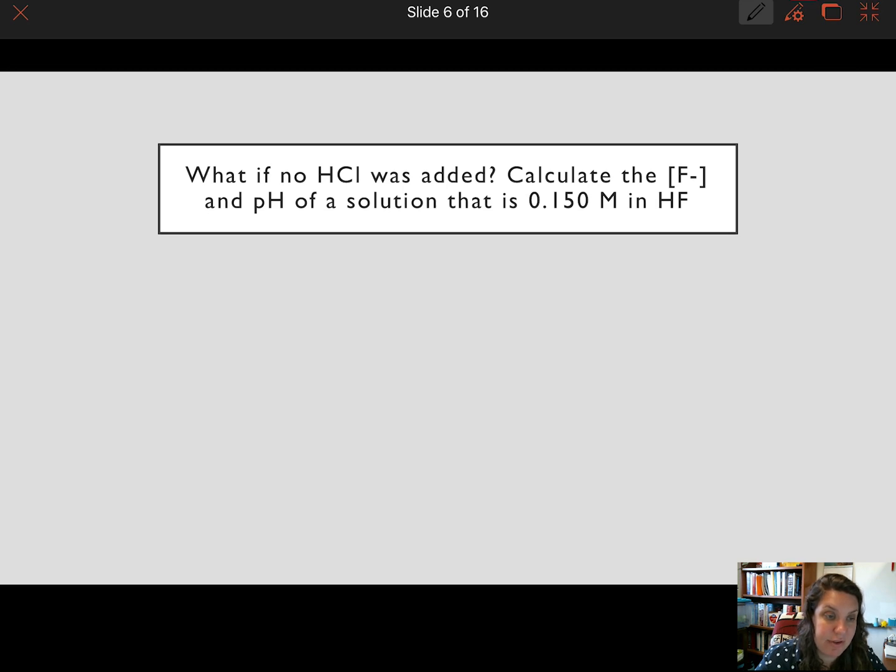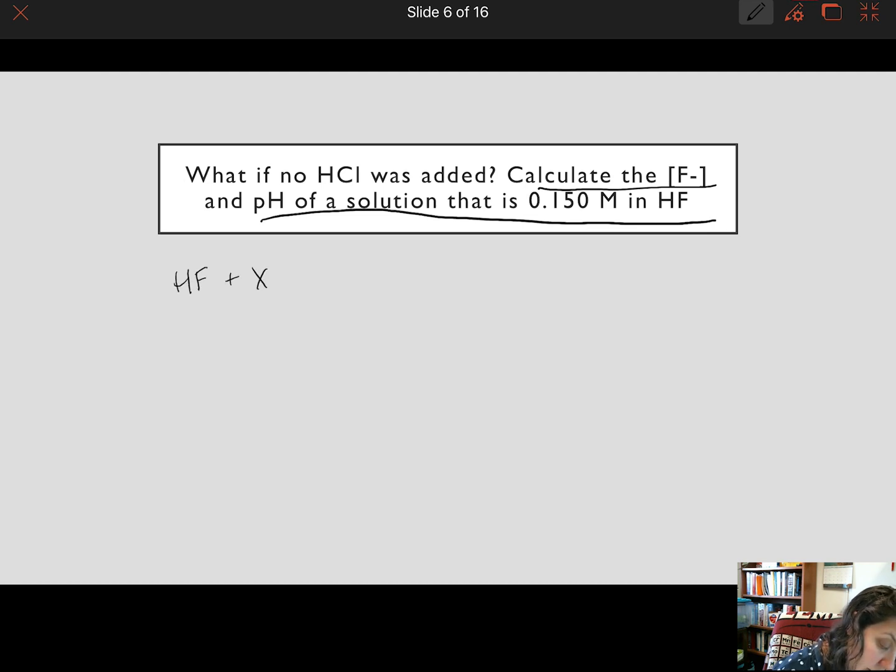We can see that if we go about looking at no HCl being added. So if we want to just calculate the F minus concentration in a 0.15 molar HF, then it would look a little different, right? Because we wouldn't have HCl added.